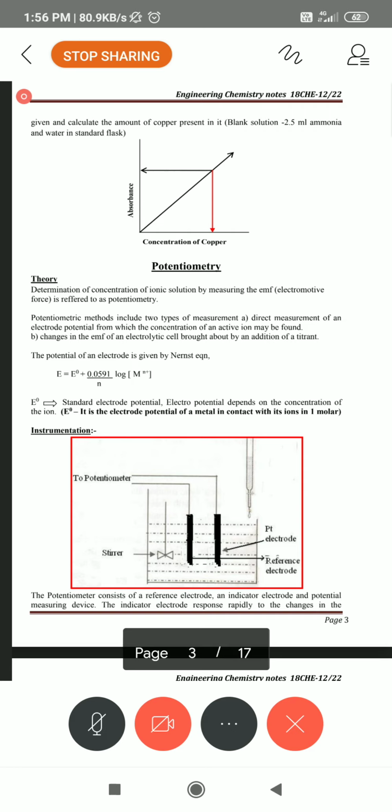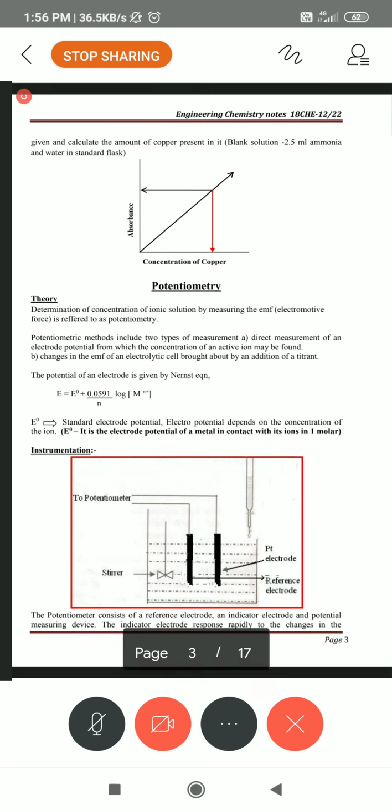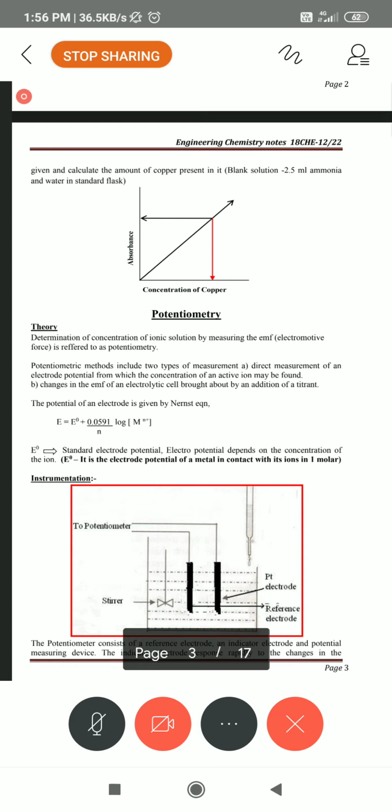So the instrument works based on Beer-Lambert's law, so we can call it the Beer-Lambert instrument also. Absorption takes place due to the colors and thickness, so we call it colorimetry.